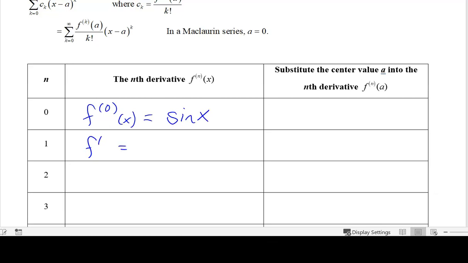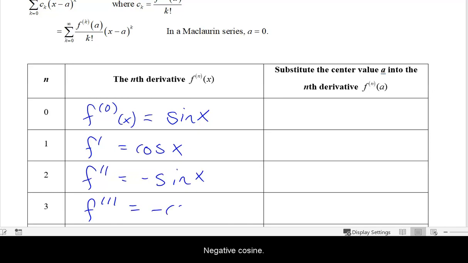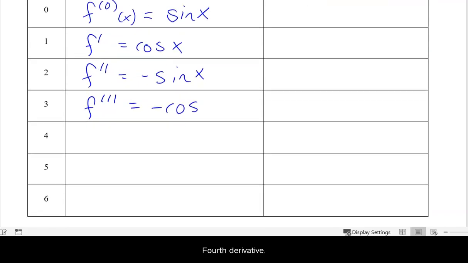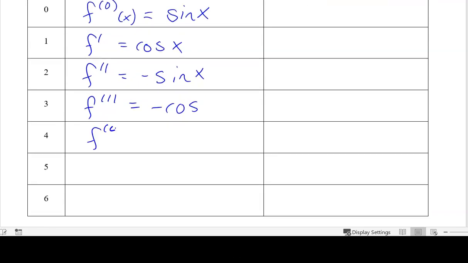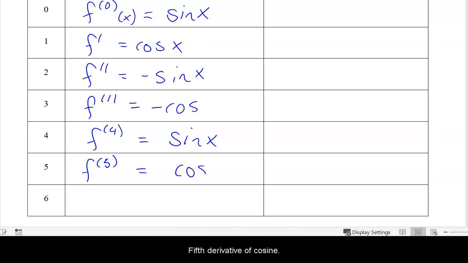First derivative, cosine. Second derivative, negative sine. Third derivative, negative cosine. Fourth derivative, back to sine again. We'll do the next two just for fun. Fifth derivative, back to cosine. Sixth derivative, back to negative sine.